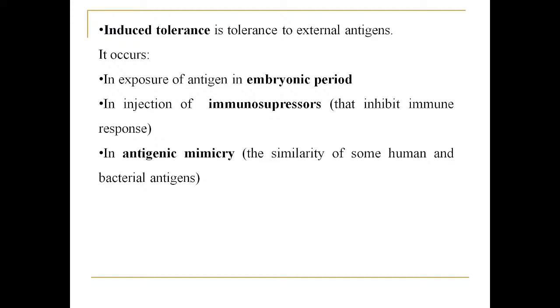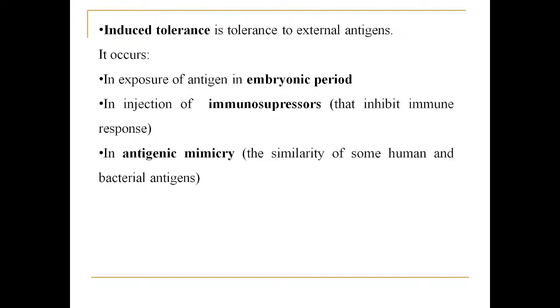It was shown in an experiment with mice, when the same allergen was exposed to the fetus of the mice in the embryonic period, and after birth these mice had tolerance to this antigen. Another is injection of immunosuppressors that inhibit immune response.